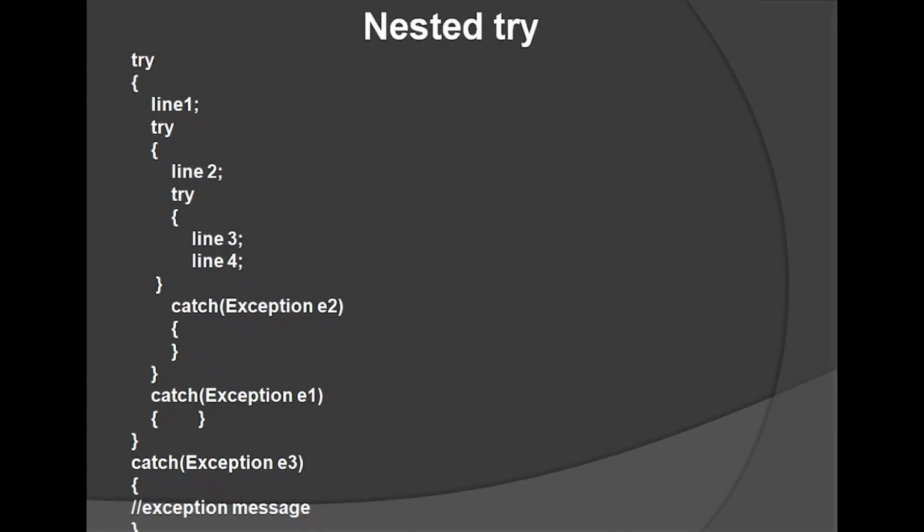So, moving to the other example, that's an example of nested try catch. If you want to run the catch line for the exception that occurs, and after that some more code in another try block, you can use multiple try catch in a particular situation, according to what you need.